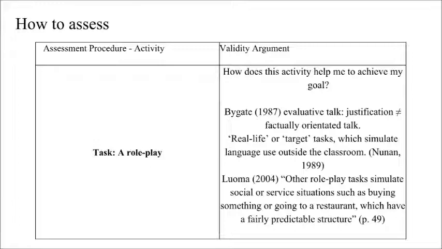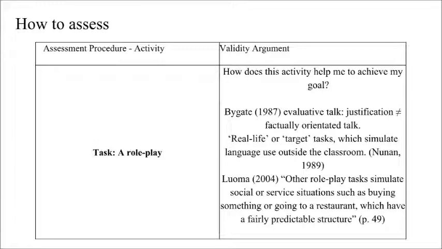This role play is also a real life or target task, which is mentioned by Noonan, who says that these types of tasks stimulate language use outside the classroom. This is an activity in which students should persuade another person or maybe sell a product, and this activity happens in real life.